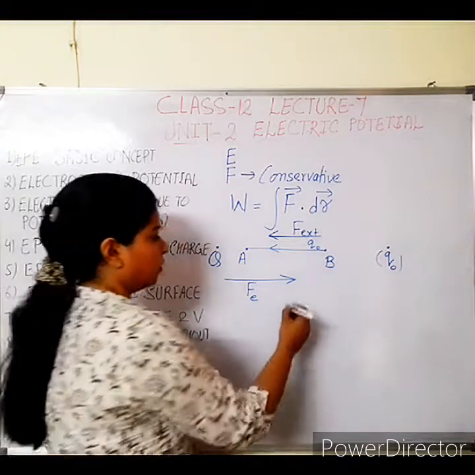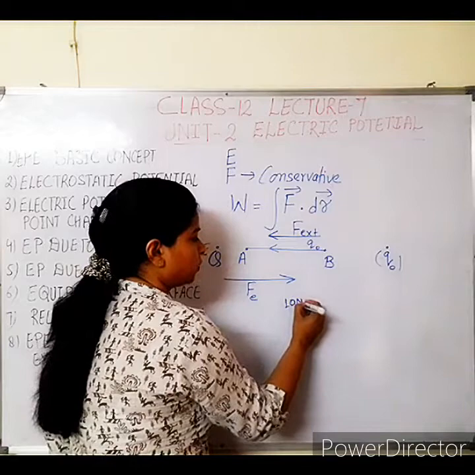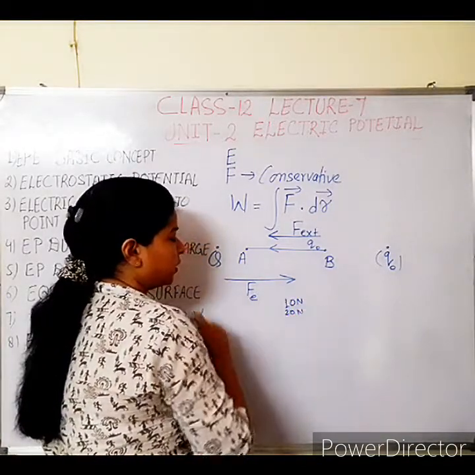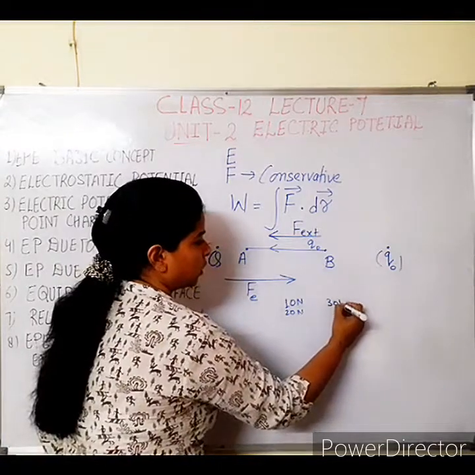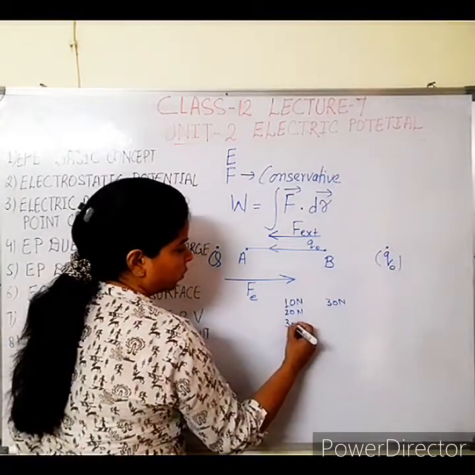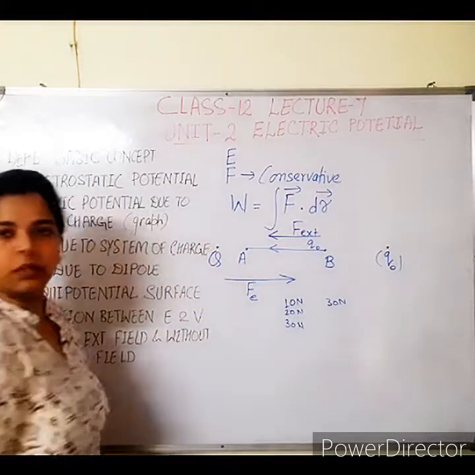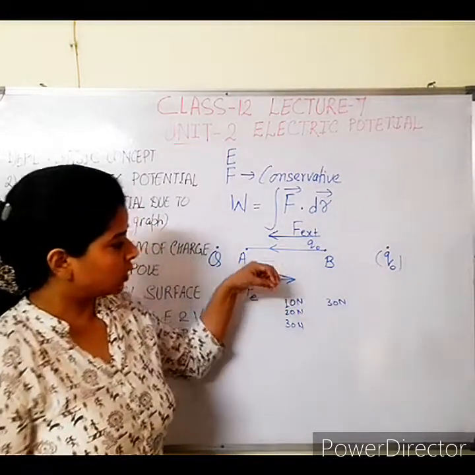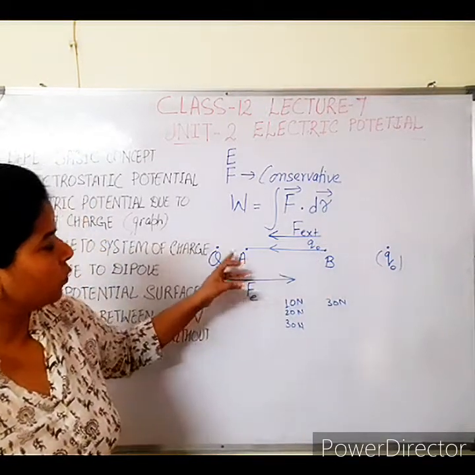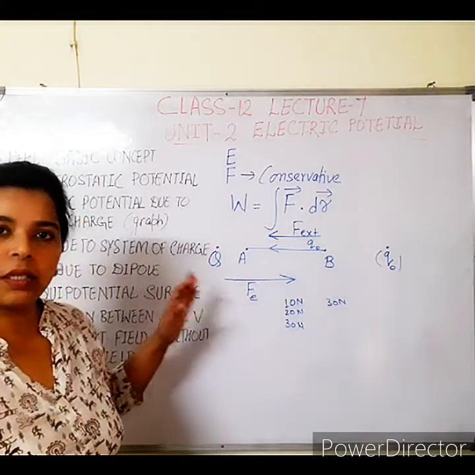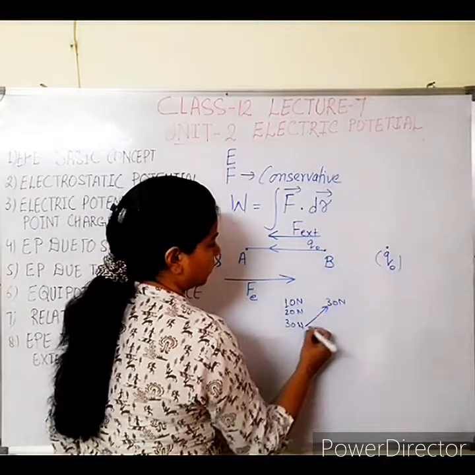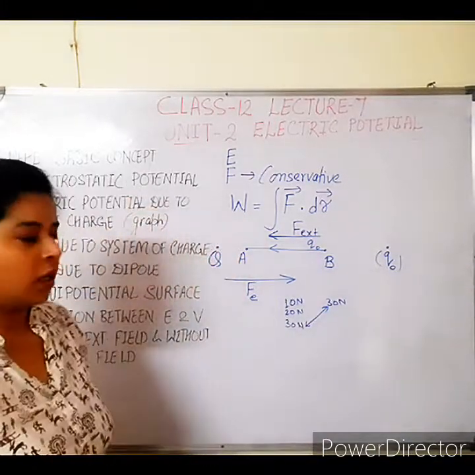Like initially we have applied 10 Newton force, afterward we have applied 20 Newton force. Let the electrical force have the value 30 Newton, so 10 more Newton force is required to reach the limit of electrostatic force. In this manner we keep increasing the force value so that the charge can move against the electrostatic force.